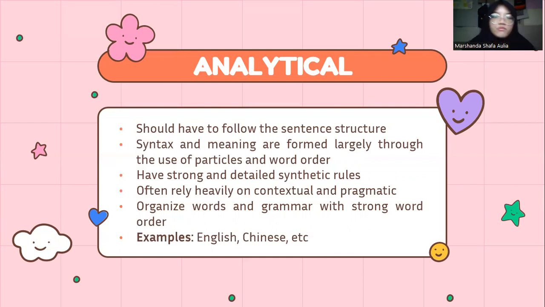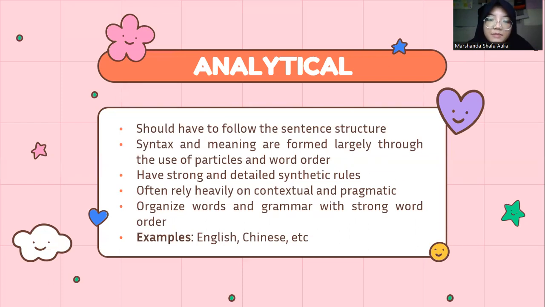So analytical language has to follow the sentence structure or word order, because if we put it in a random structure, it will have a different meaning. For example, in English, if we say I eat apple, it means that I eat the apple.